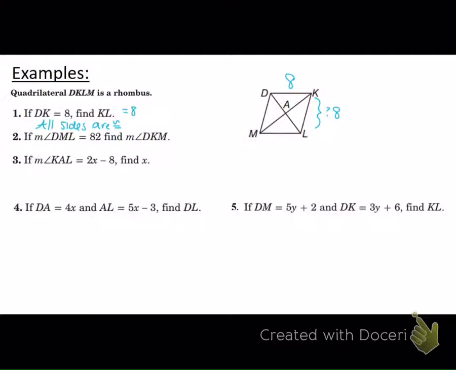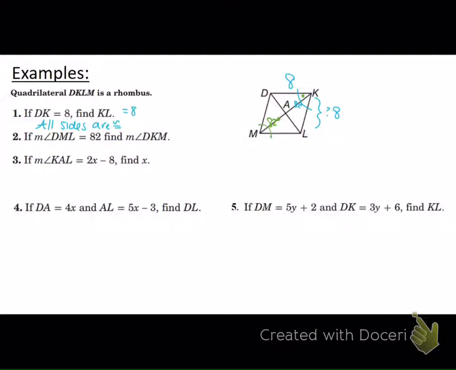Okay, DML is 82 degrees. Find DKM. Well, the whole entire thing would be 82 degrees. Right. So what is DKM? Just that little green spot. Right.